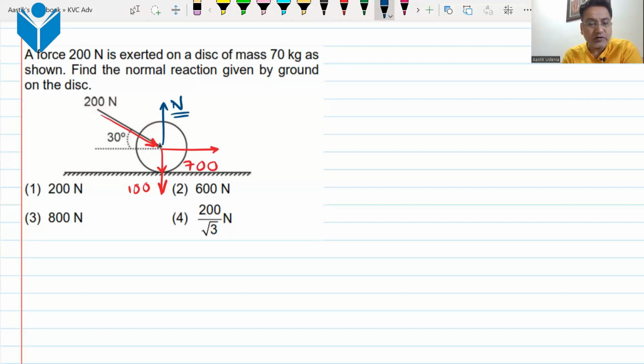So because this is remaining in equilibrium in this vertical direction, the answer for normal reaction is 800 newtons. That is the answer that we are looking at. A simple question. And you should be able to get the answer.